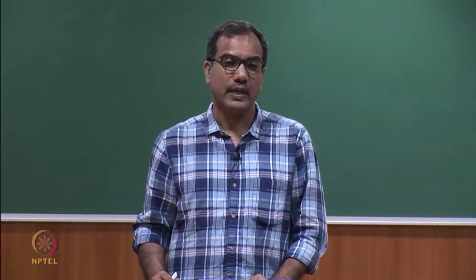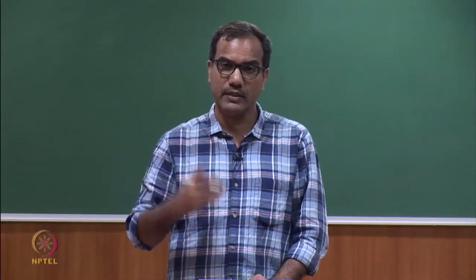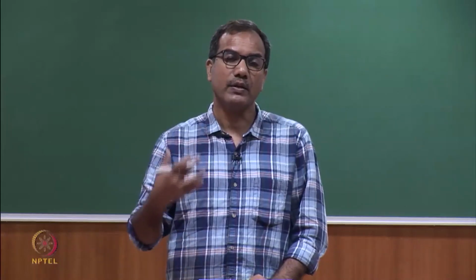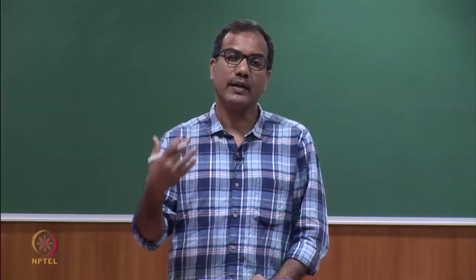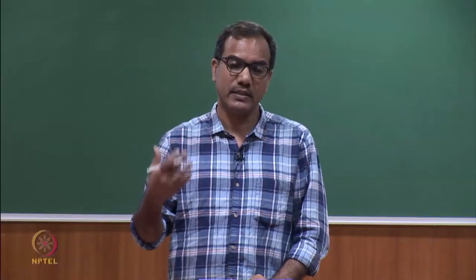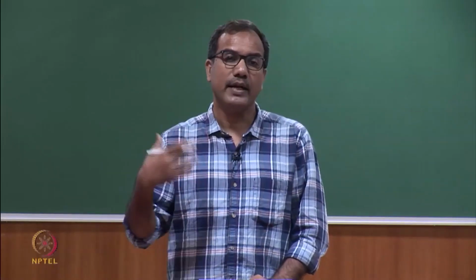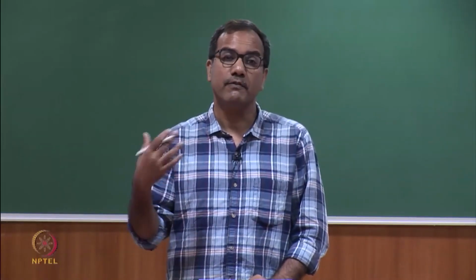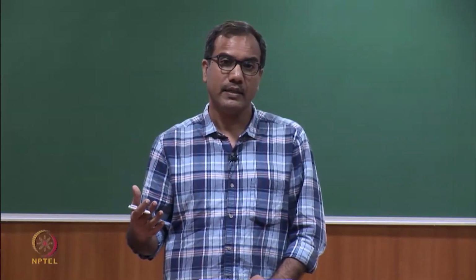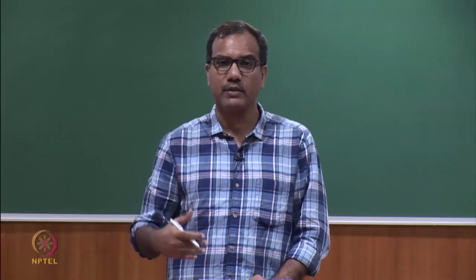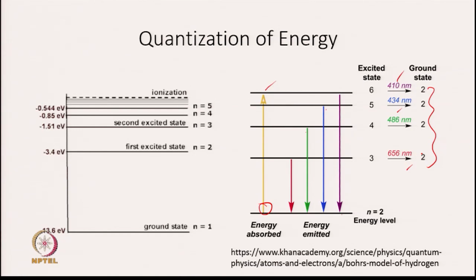So, when the electron is in n equal to 1, it will not absorb visible light, and when it is coming back to n equal to 1, it will again not emit light of the visible region.